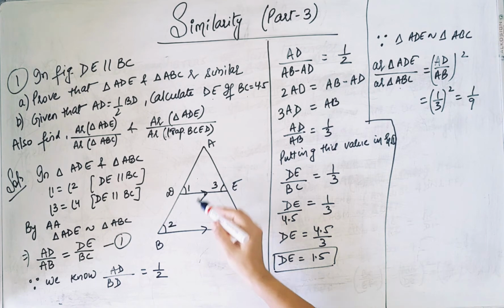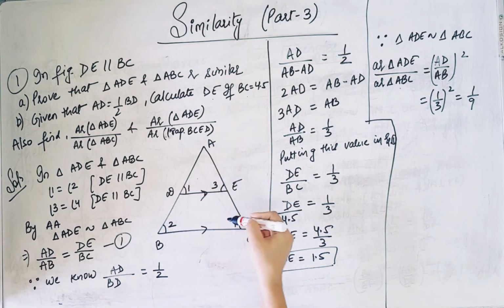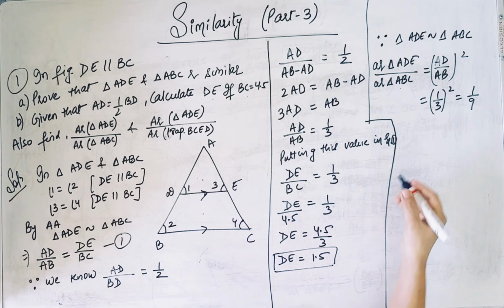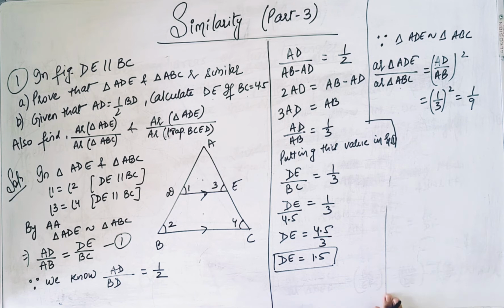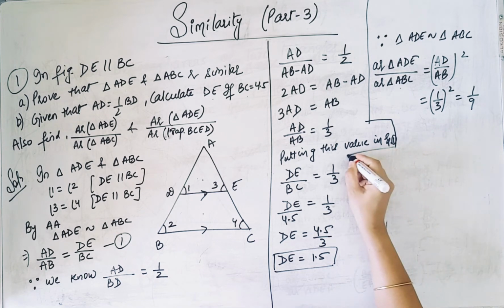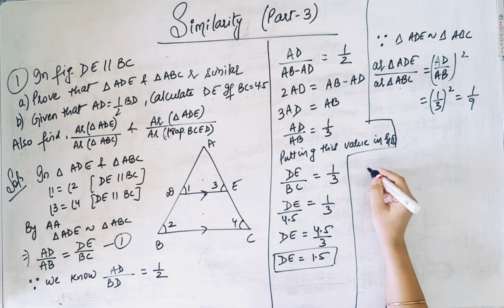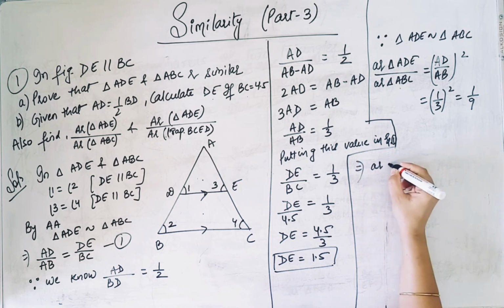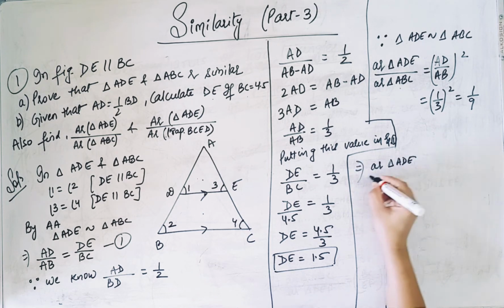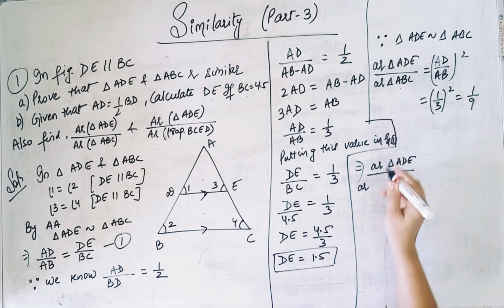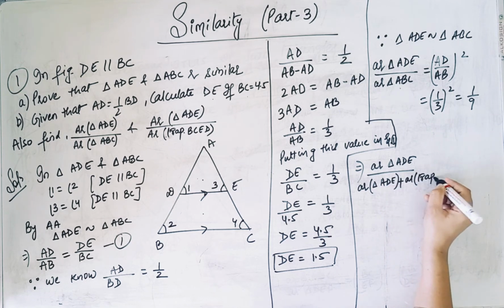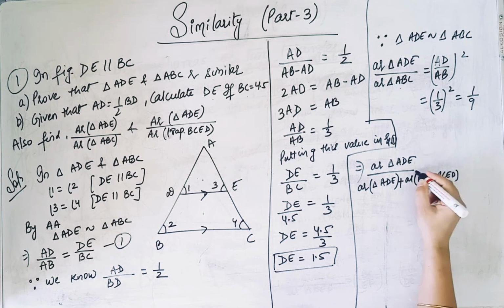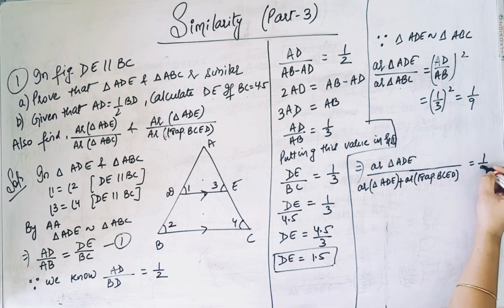So in place of area of triangle ABC, I can write ADE plus BCED. So I'll be writing that thing. This implies that area of triangle ADE by, in place of ABC, I'll write triangle ADE plus area of trapezium BCED, and this is equal to 1 by 9.